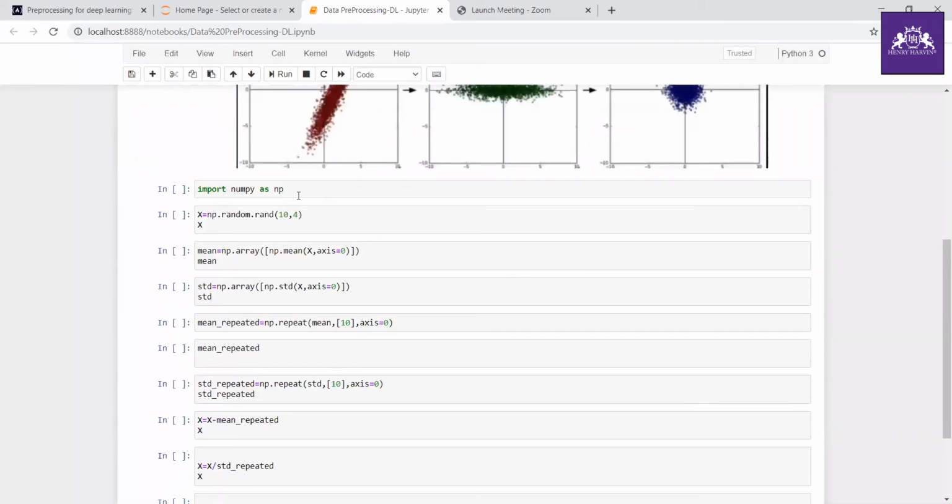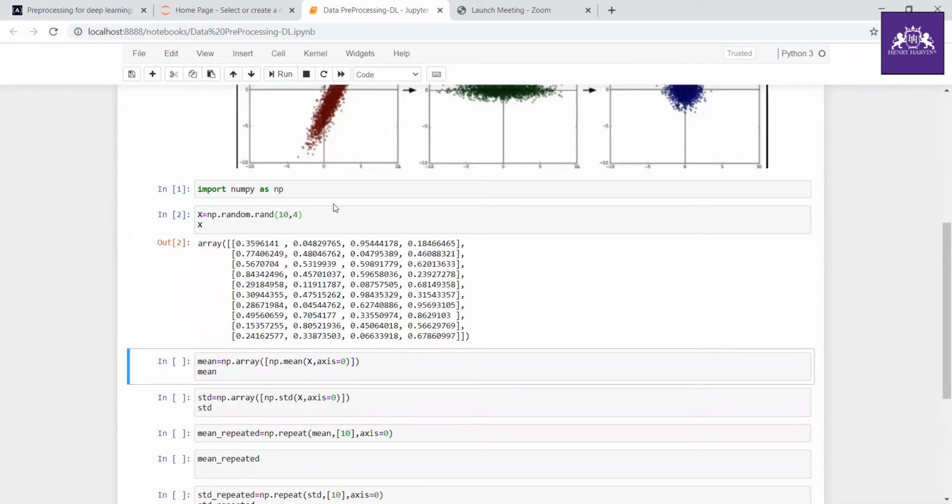The first step is that we import the NumPy library, import numpy as np. In the second step, I'm going to create some random numbers of 10 cross 4 shape, which means I need 10 rows and 4 columns.